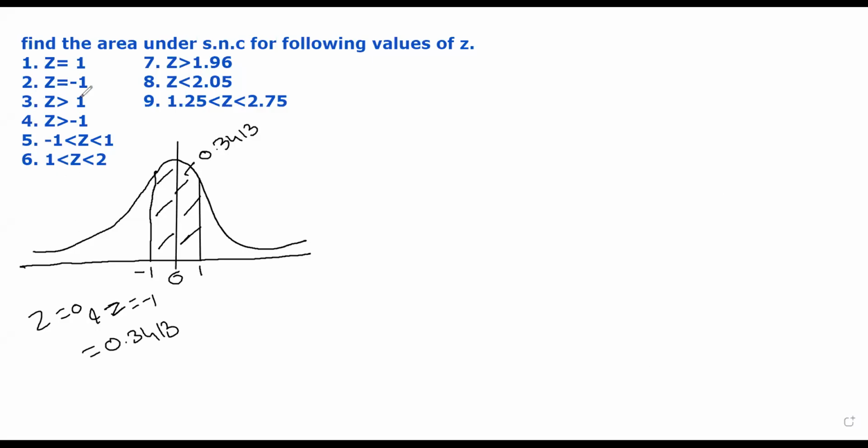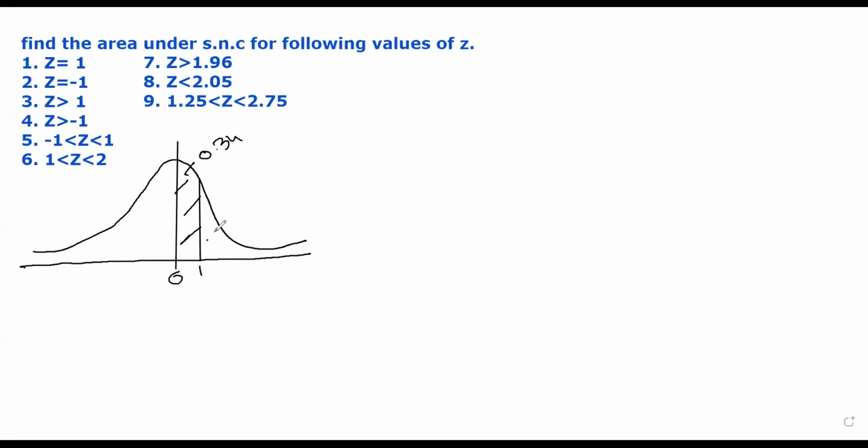The third sum is Z is greater than 1. This is what we are talking about. So I'll have a new curve. Now this is Z is equal to 1 and we want Z is greater than 1.